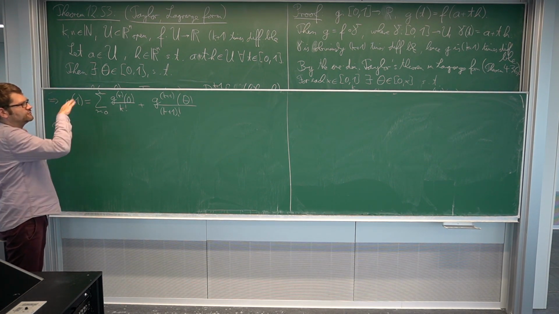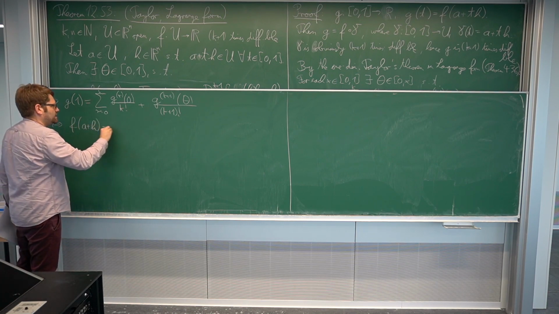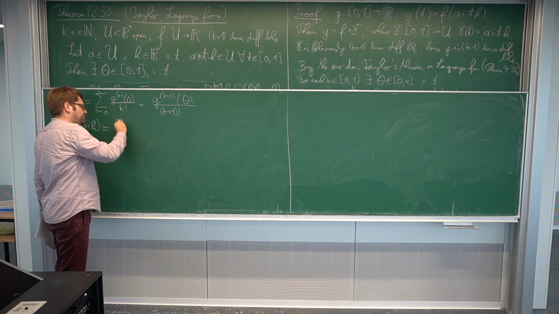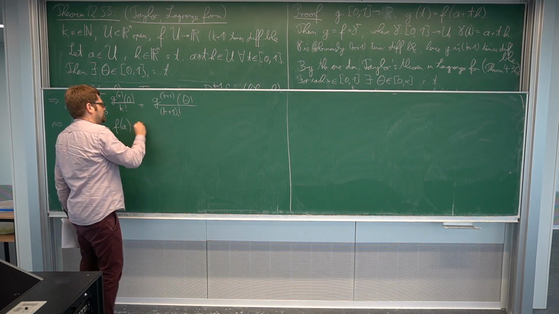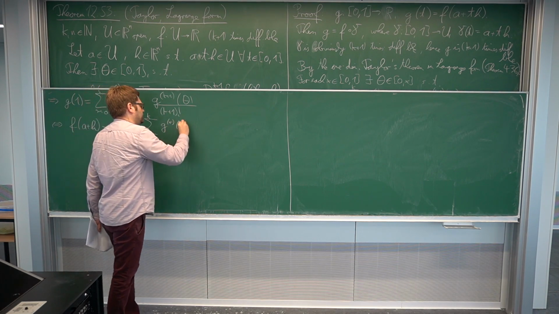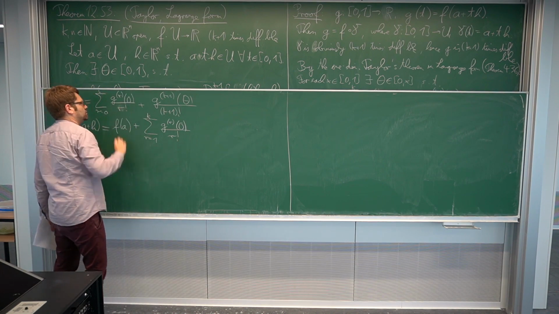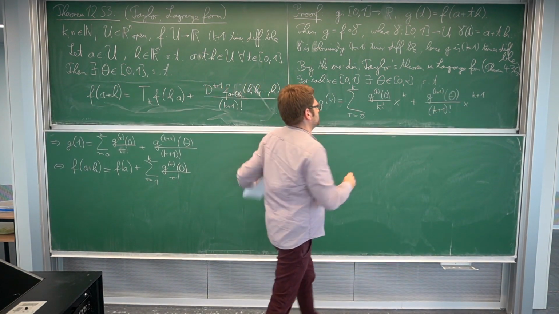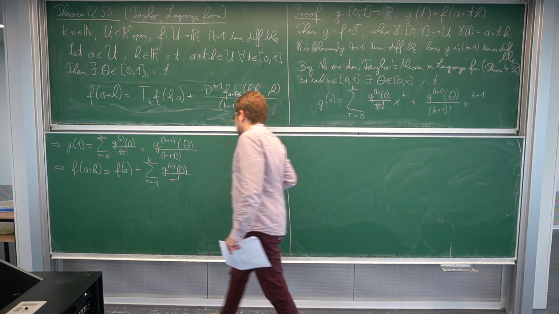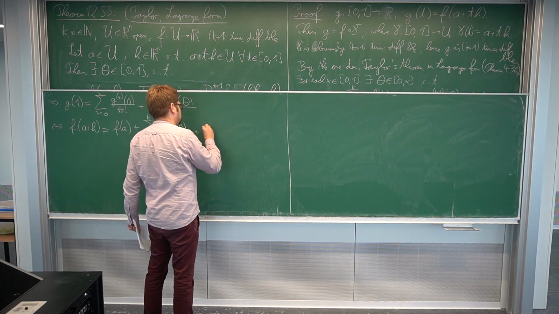So g of 1 is f of gamma of 1, which is nothing but f of a plus h. And here we just expand the first summand, which is just g of 0, which is nothing but f of a by definition of g, plus, and then the remaining terms are from 1 to k, r-th derivative of g in 0 divided by r factorial, not k factorial. I'm afraid I made the same mistake here. Sorry about that. Anyway, so this is this sum plus the remaining summand.